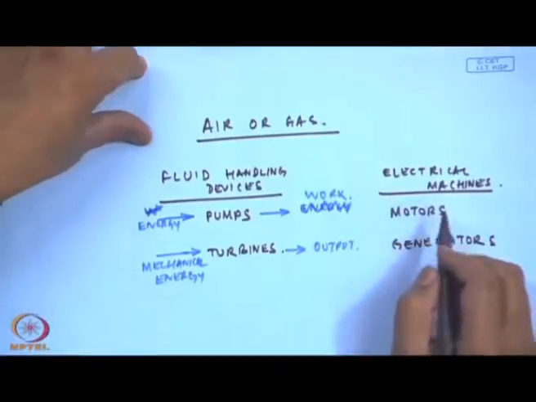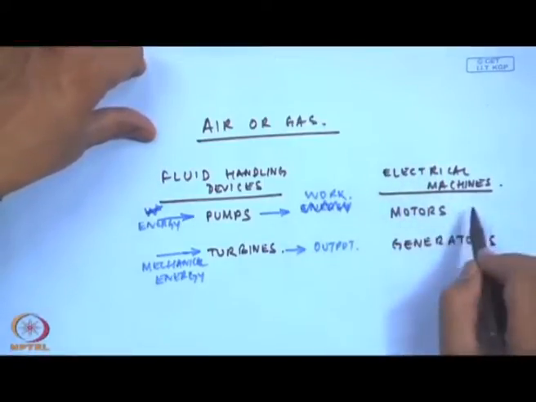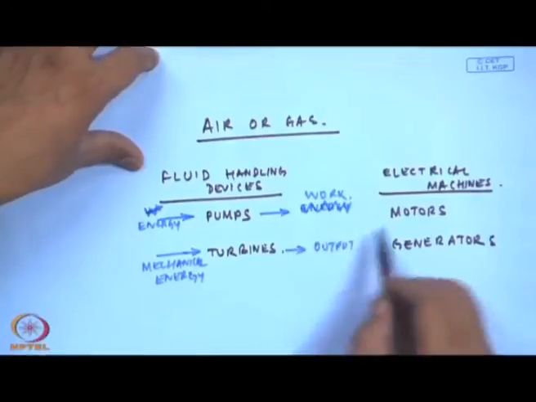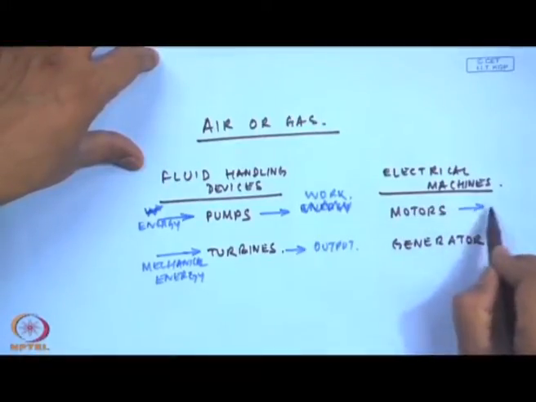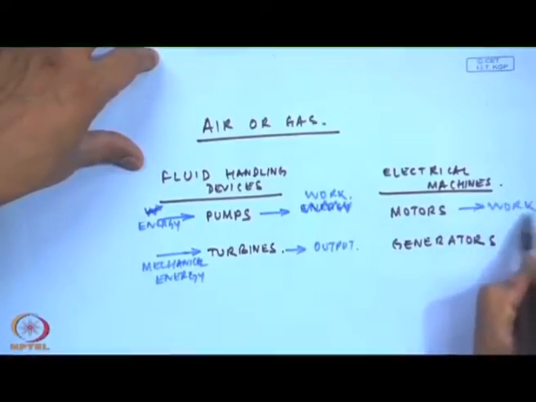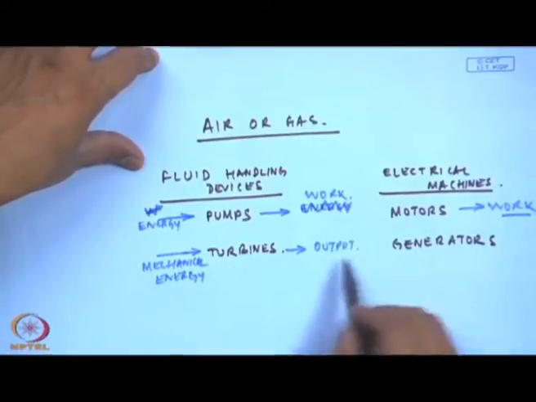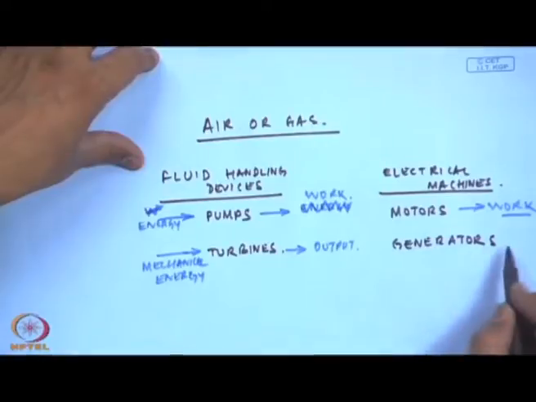So, in pumps or in motors, we give some energy to get a work output, and the reverse is true in the case of a turbine. We give some work to get an output.